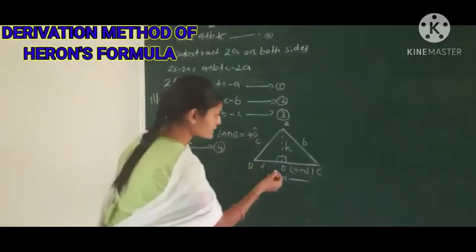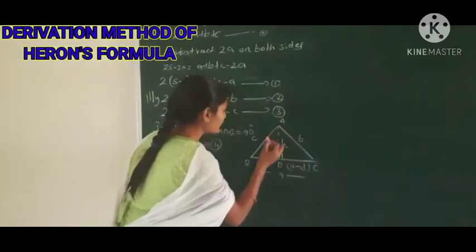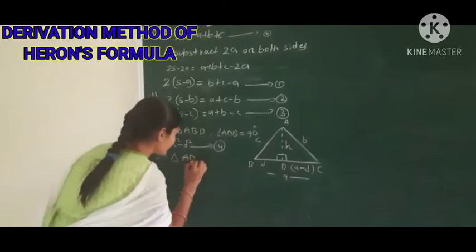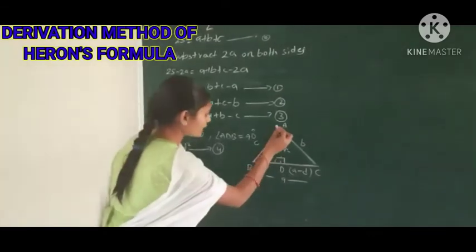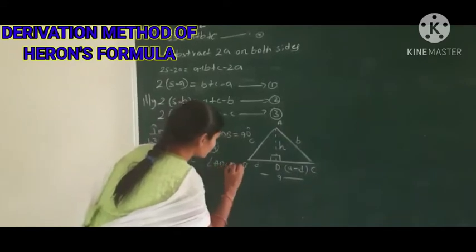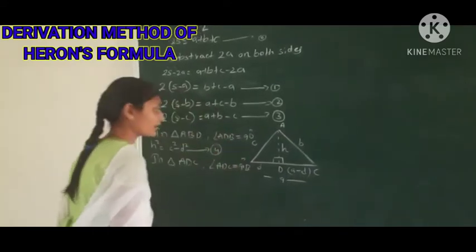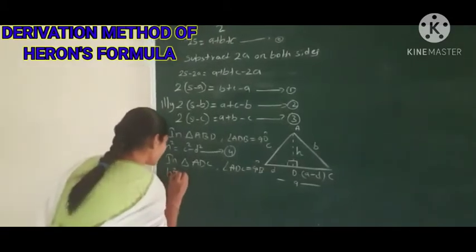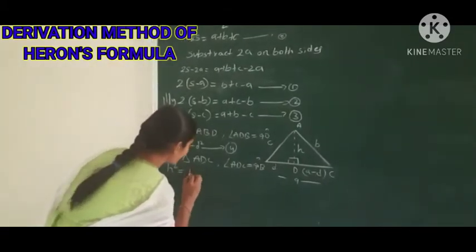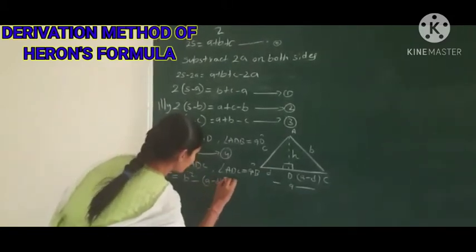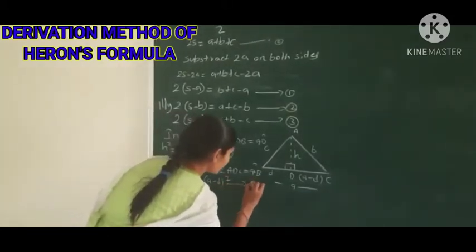And another triangle is ADC. Here also angle ADC is 90 degrees. And here also using Pythagoras theorem, we get h square is equal to b square minus (a minus d) whole square. It is equation 5.